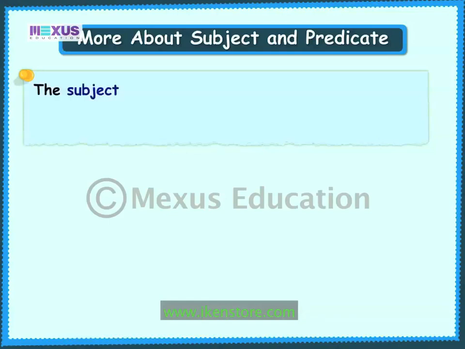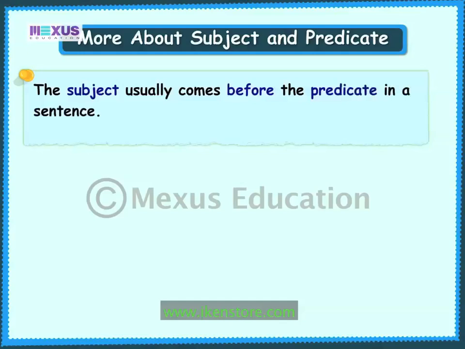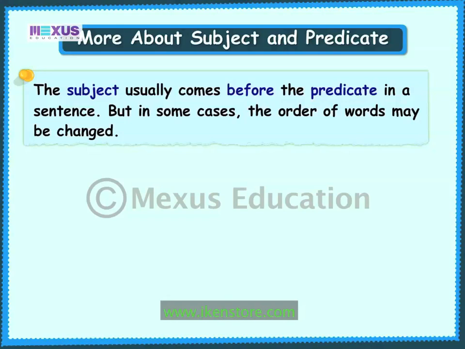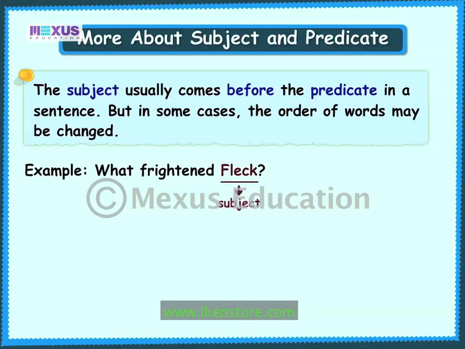The subject usually comes before the predicate in a sentence. But in some cases, the order of words may be changed. For example, in the sentence, "What frightened Fleck?" the order of words has been changed. In this sentence, Fleck is the subject since he is being spoken about in the sentence.